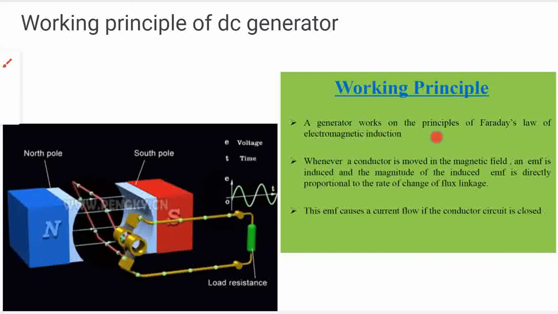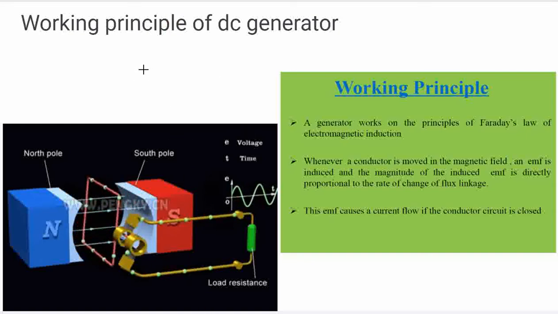A generator works on the principle of Faraday's law of electromagnetic induction. Whenever a conductor is placed in a magnetic field, an EMF is induced in it. The induced EMF generated in the coil is directly proportional to the rate of change of flux linkages.